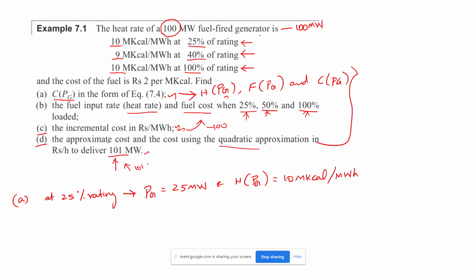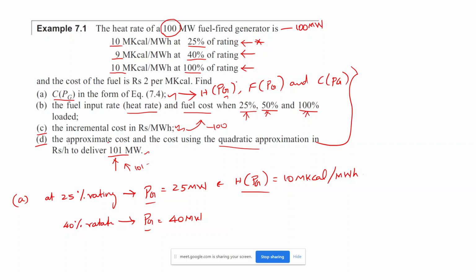So this is what I have concluded from this. And then the same motor, if it is running at 40% of the rating, the PG value is nothing but 40% of the 100, which is 40 megawatt. So these are all the things I am taking from the question. So from this question I have got the PG value as well as the H(PG) value.